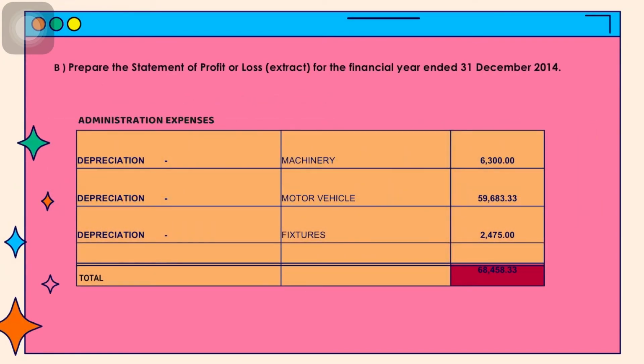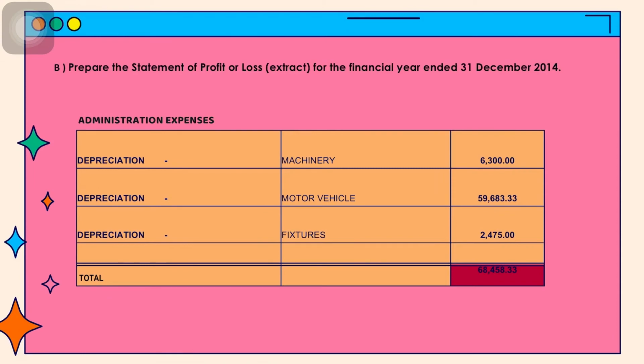B. Prepare the statement of profit or loss for the financial year ended 31st December 2014. For the SOPL, we need to add both depreciation for existing assets and new assets, and then total it.